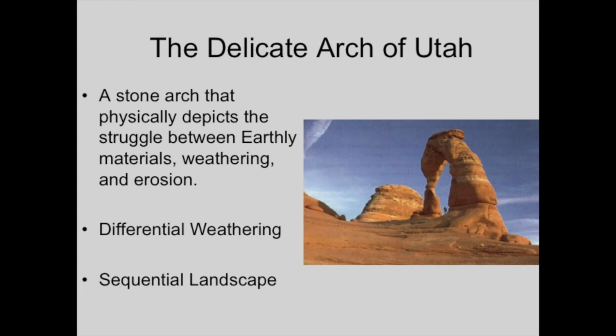Then, when we juxtapose that with what we have today in this 15-story weathered arch, we are looking at an exogenic development, or a landscape that has gone through a series of developmental stages. So it becomes a kind of sequential landscape that the geomorphologist can then pick apart and understand with regard to the evolution of landscapes within this region, this Four Corners region of the American Southwest.